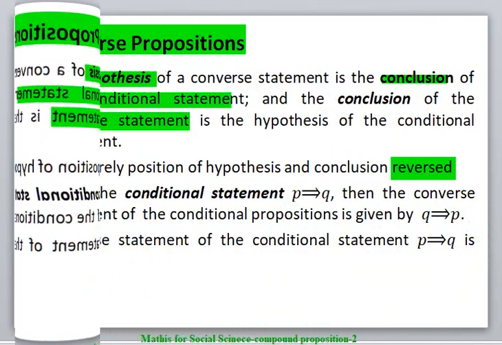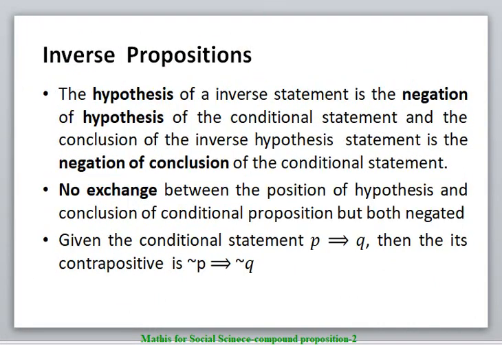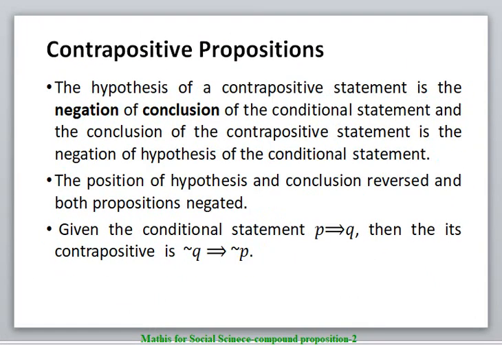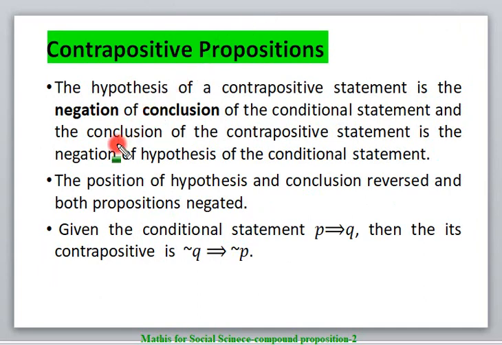Another one is contrapositive propositions. Here also there is a conversion of the hypothesis and conclusion of the conditional statement. Contra means opposite, so in the case of contra, negation is added.